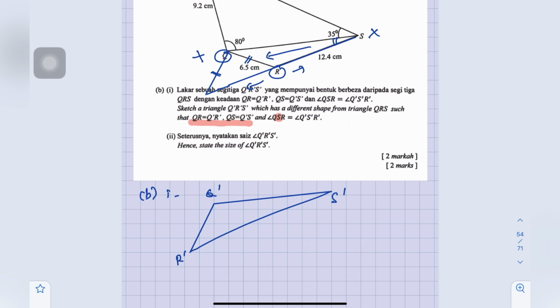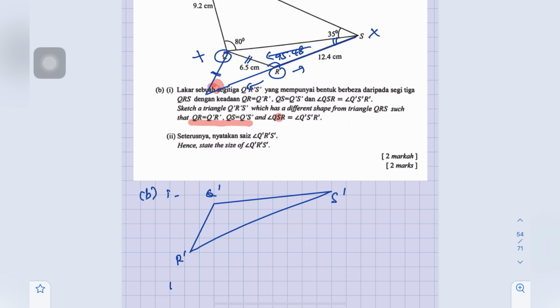Roman 2, hence state the size of angle Q prime R prime S prime. So meaning that this angle. Since tadi kita dah dapat, this one is 95.48.